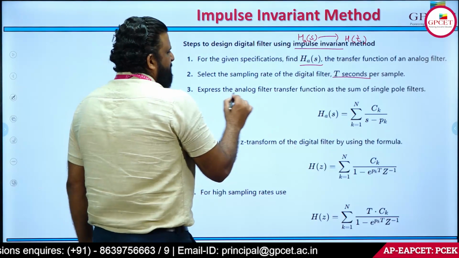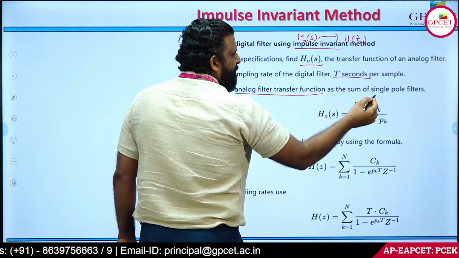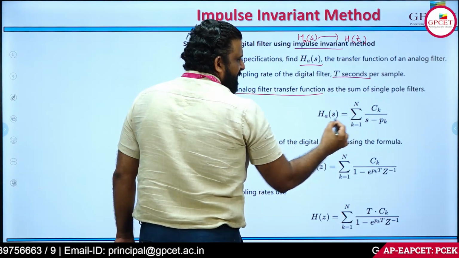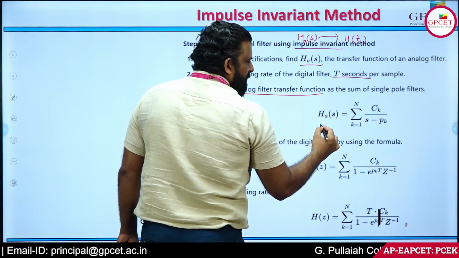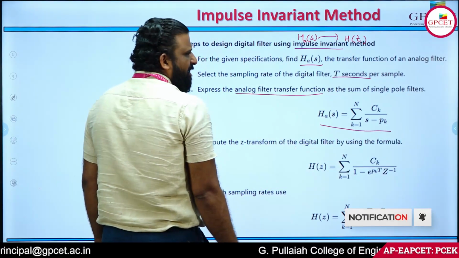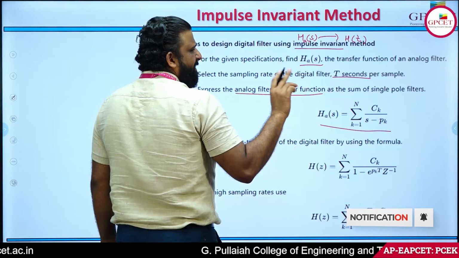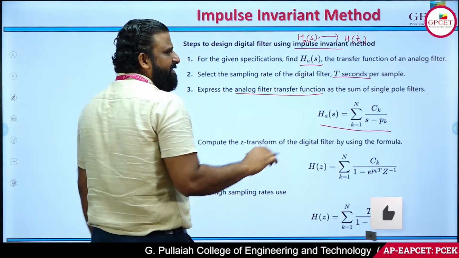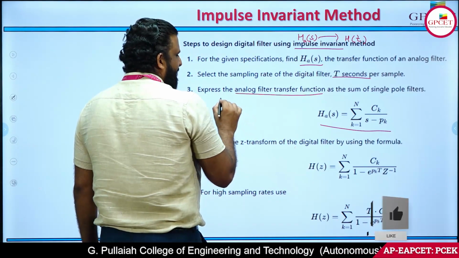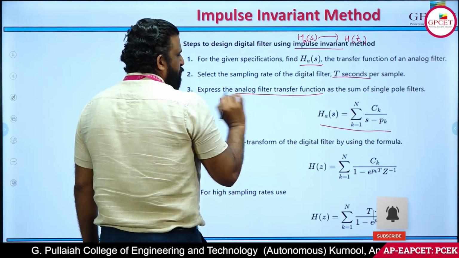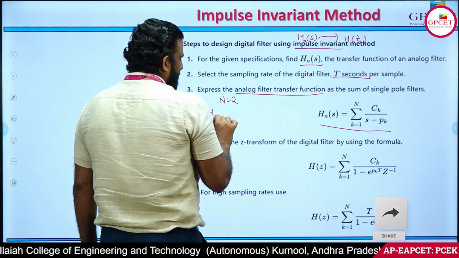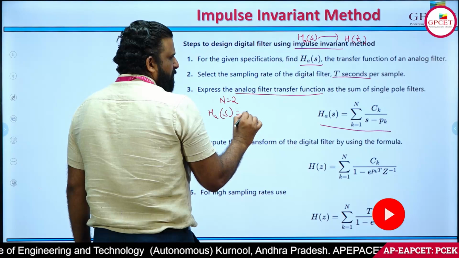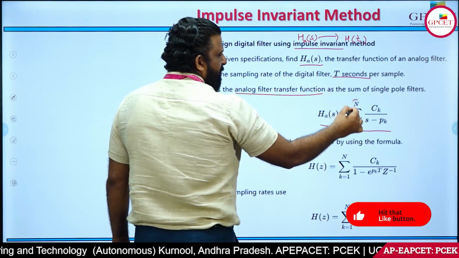After that, express the analog filter transfer function as the sum of single pole filters. See here, we formed one equation which is the transfer function of the analog filter. Here we need to write the transfer function as the sum of single poles. For example, if I get N equal to 2, that means I got 2 poles. So how can I write the equation? H of S is equal to the sum for k equal to 1 to 2, because N is equal to 2.